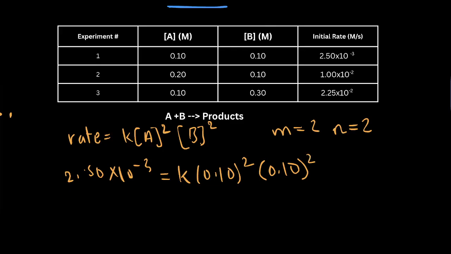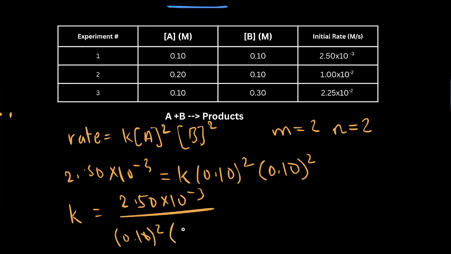So now, all we have to do is, we can find k through a little bit of algebraic manipulation. Divide both sides by these values, and that's just 2.5 times 10 to the negative 3 divided by 0.1 squared, divided by 0.1 squared. This is going to give us a k of 25.